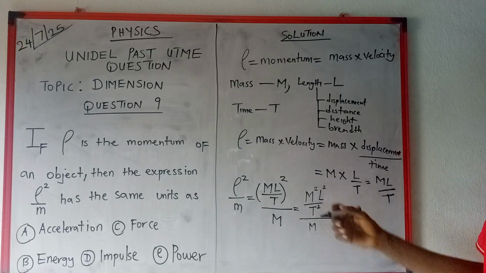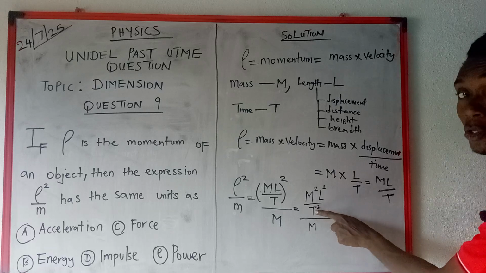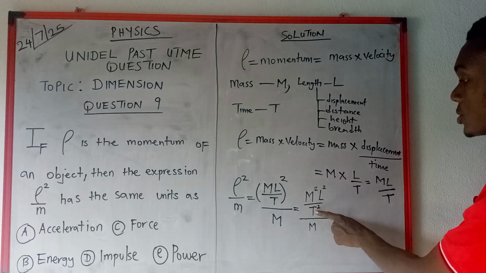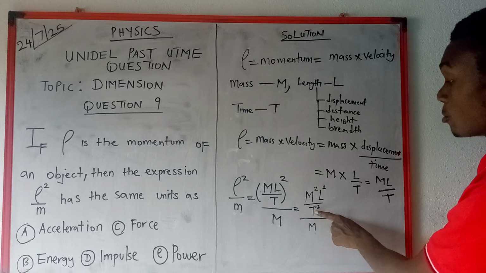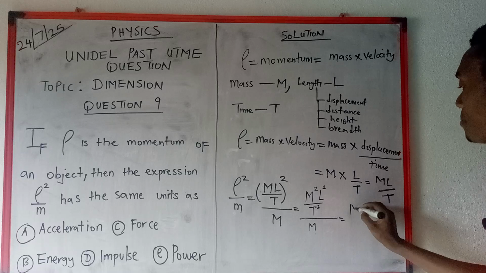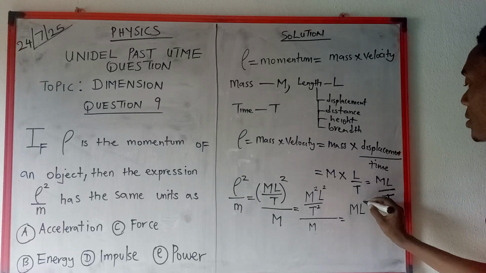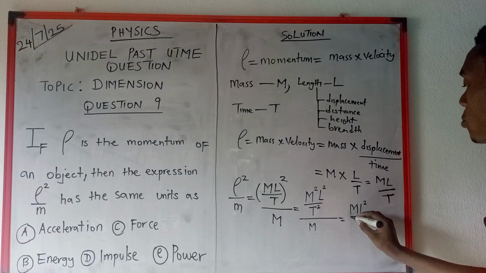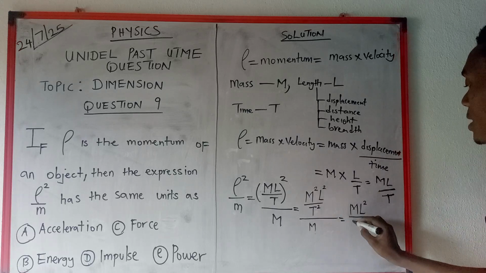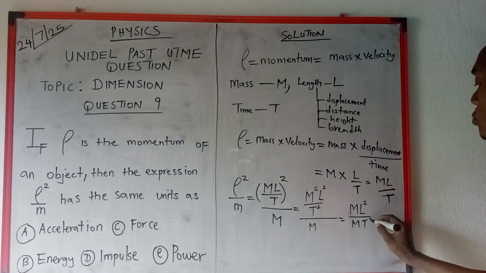Okay, so now in mathematics you can drop this one down to make your simplification easier. Once you drop it down, you're going to have ML square over M with your T square.